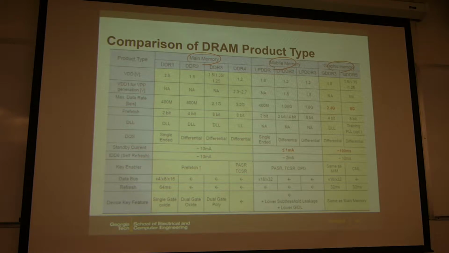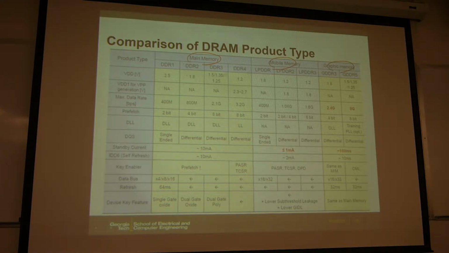This is for high performance computing or the gaming business. So we have the standards called GDDR3 or GDDR5, or these days I think there will be GDDR6. So this is graphics DDR. There are some subtle differences, and I will not go into the details of the table.